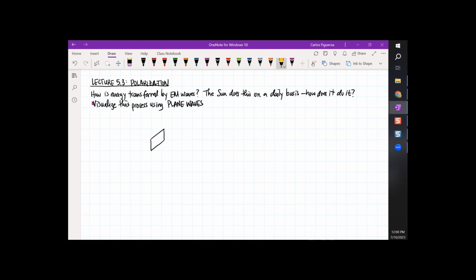This is my sheet right here. So now I have a series of sheets, and as all these sheets are being transmitted, they are electric and magnetic fields.